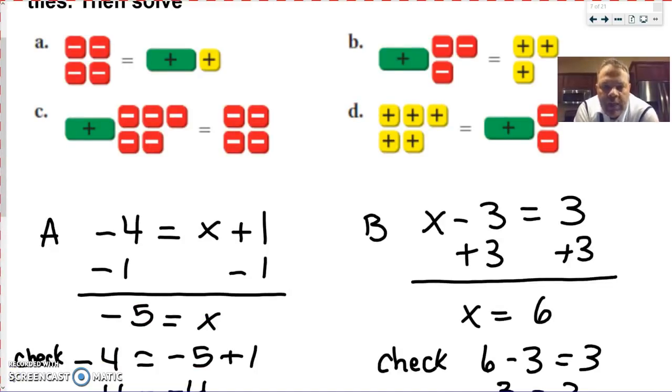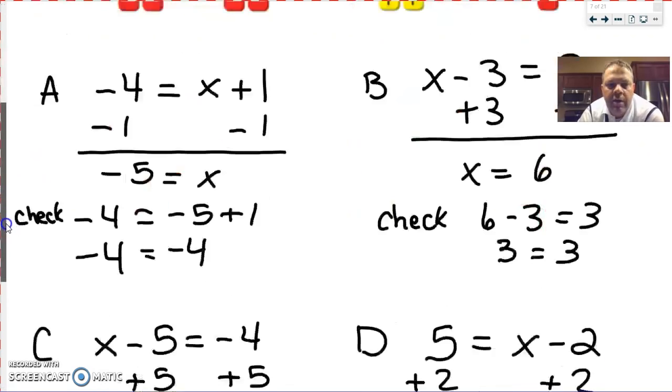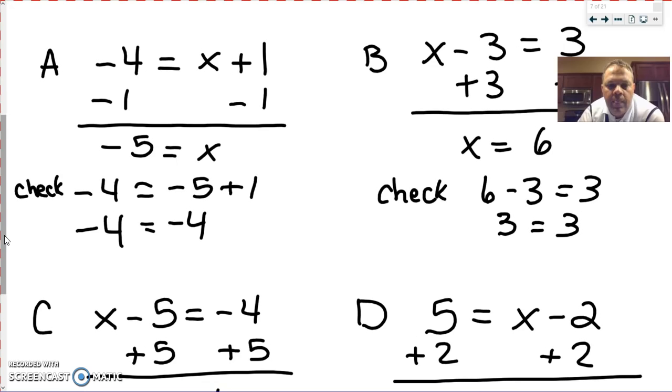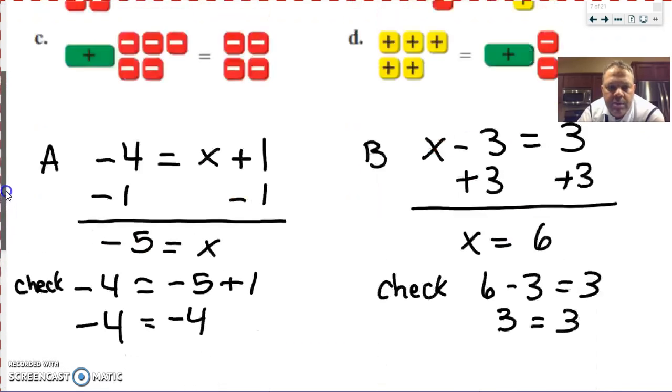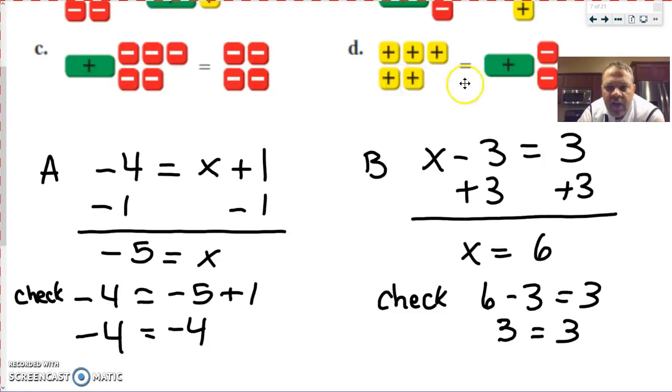These 4 problems I have written out, so the picture A goes with A right here, and B, and I will scroll down for C and D. But as you can see, this is negative 4 equals x plus 1. B is x minus 3 equals positive 3. When I look down at this one, this was x minus 5 equals negative 4, and you can see that right there. 5 equals x minus 2, and you can see those as well.